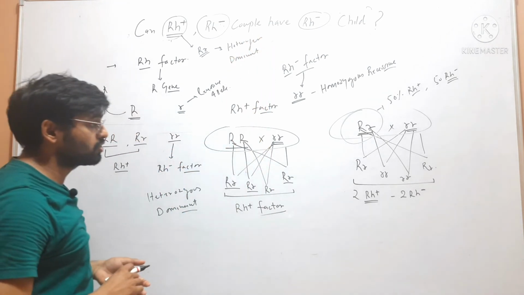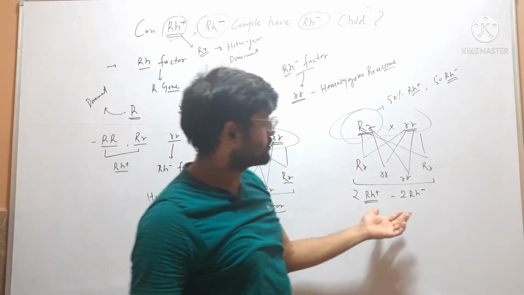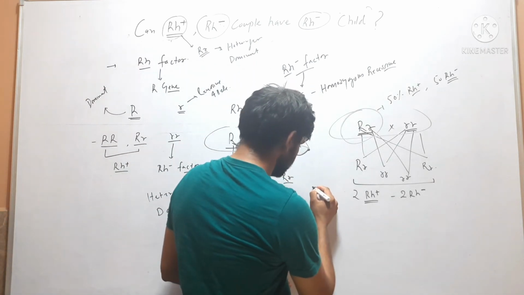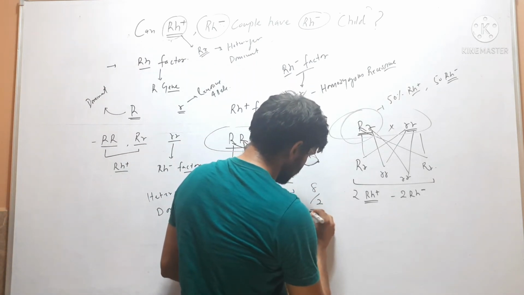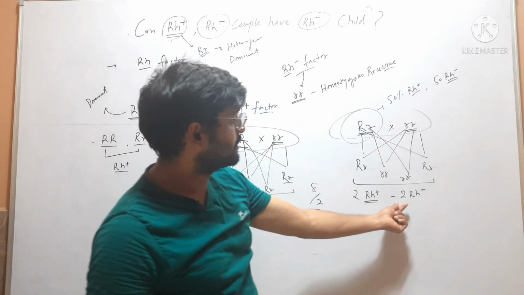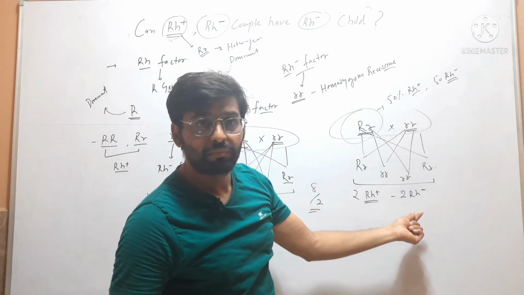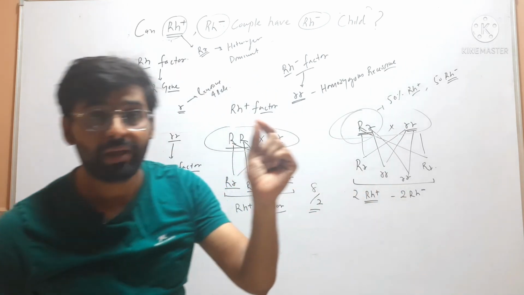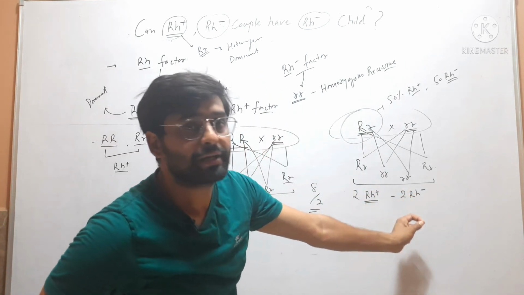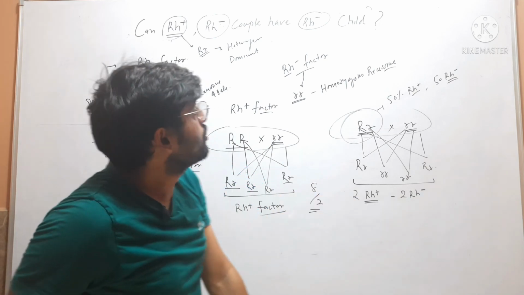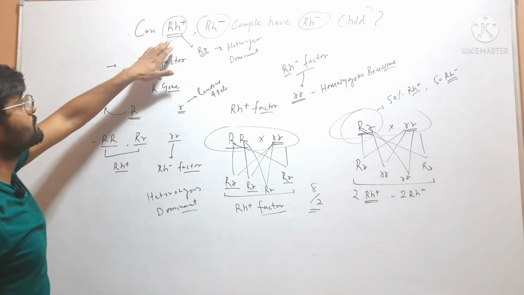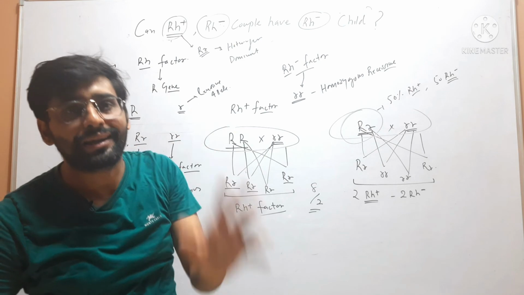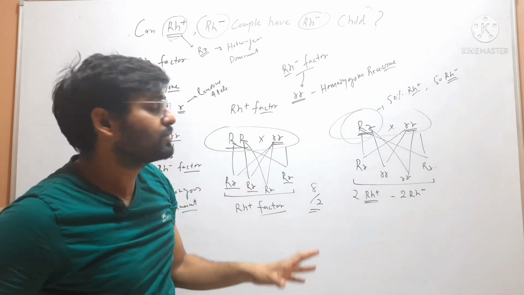So here, out of 8 children, there is a possibility of 2, out of 8, 2 children will have Rh negative rhesus factor.